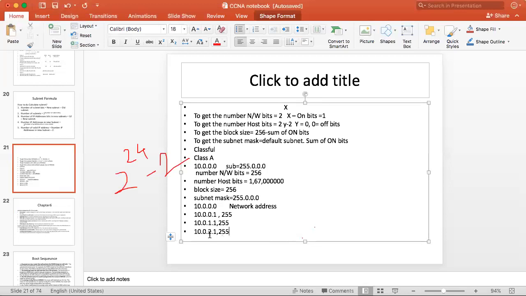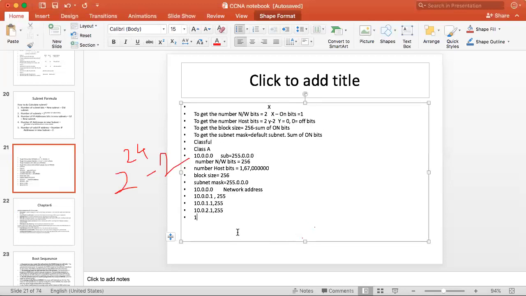That is how it will continue, and the last valid IP address will be 10.255.255.254. The last address of this will be 10.255.255.255, and this is called the broadcast address.